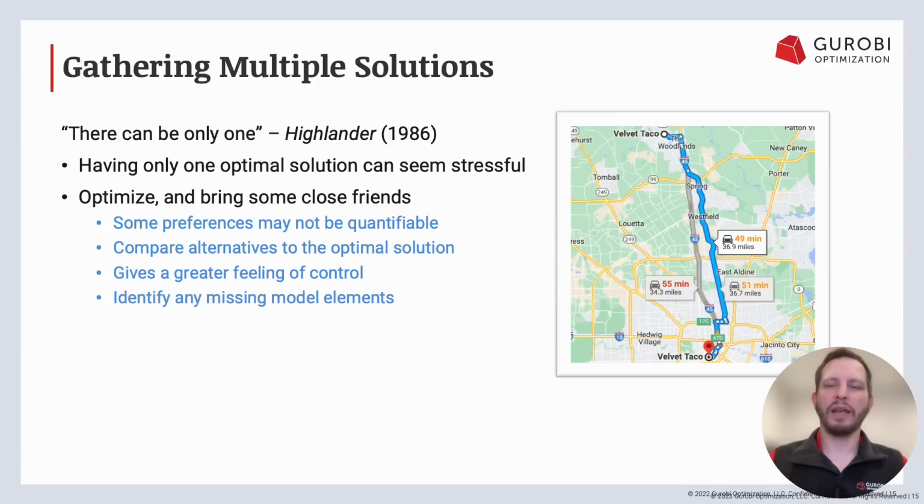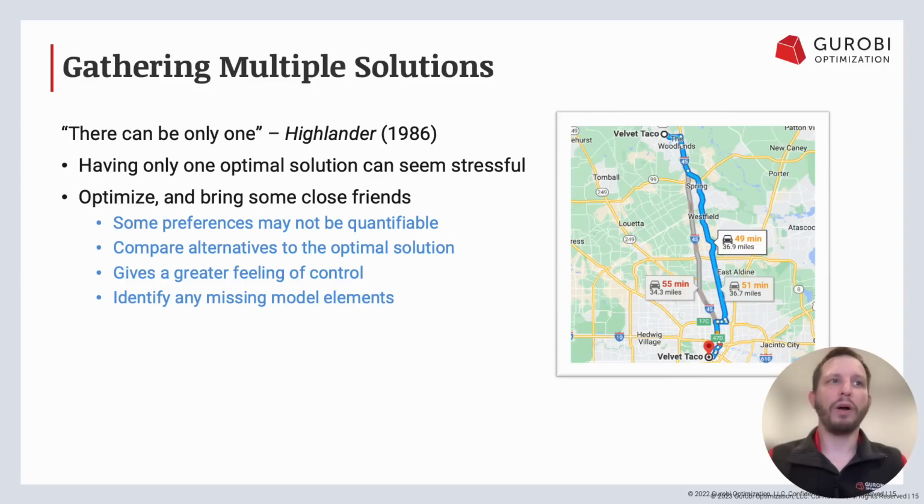This also gives a greater feeling of control, which I described in an earlier session as a hindrance for some people to adopt optimization, that it's sort of a black box to some people. If you're the one in charge of decision making, having that feeling of control is important.